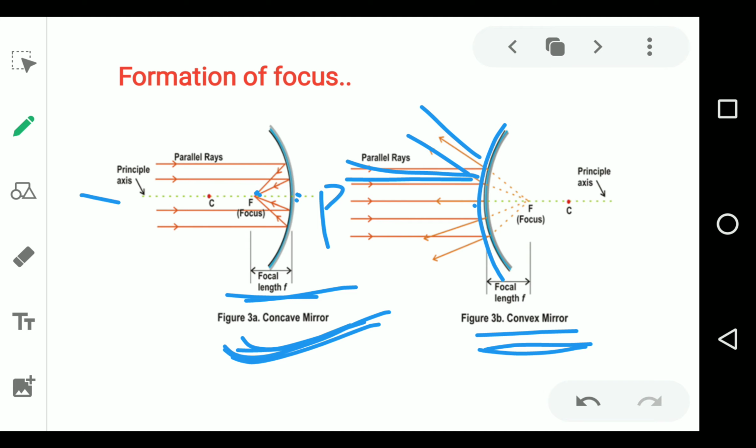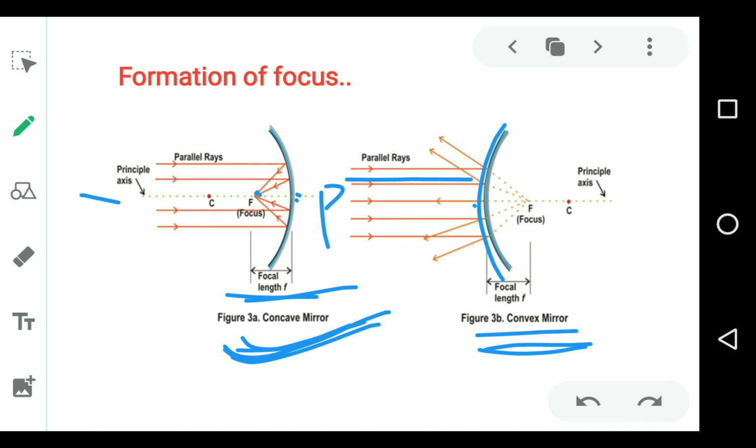All the reflected rays go away from each other, and they are imagined to meet on the non-reflective side of the mirror. When you extend those reflected light rays, you will see that they get joined at a particular point, and that particular point is known as the focus.